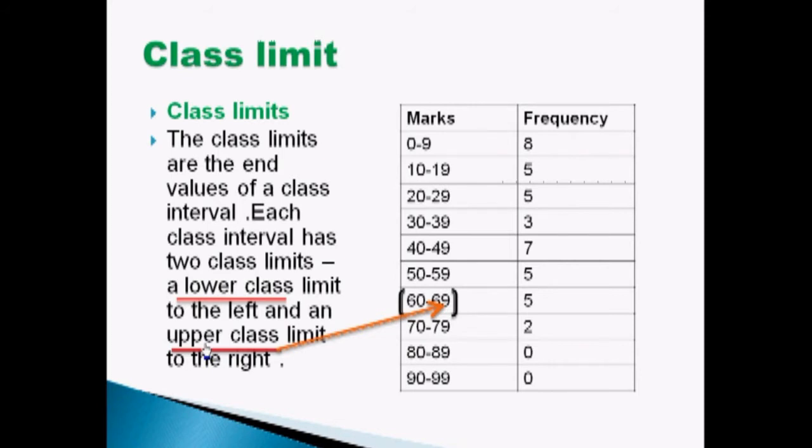So as you can see, each class interval has 2 class limits, an upper class limit and a lower class limit. So just remember once again, 60 is our lower class limit, and that is to the what? Left. And then our upper class limit is 69, and that is to the right.